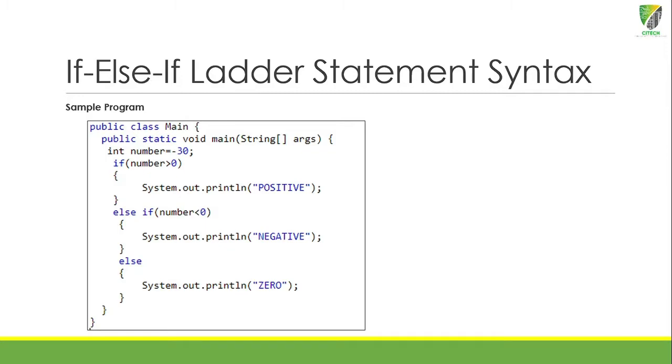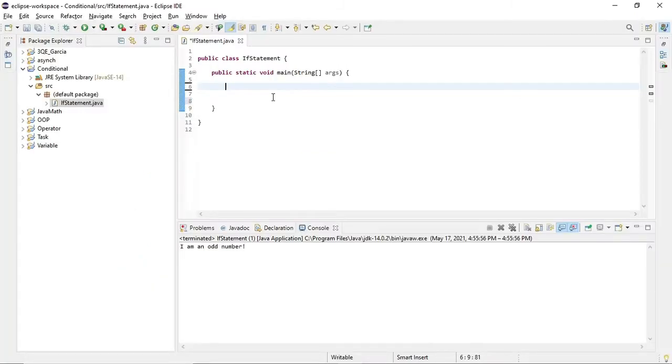Okay, let's proceed to the example. First, I will declare a variable int num again, and the value will be 5.